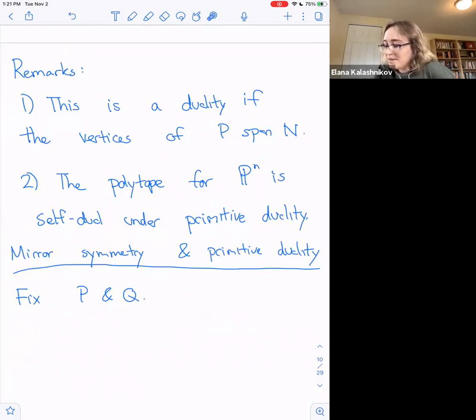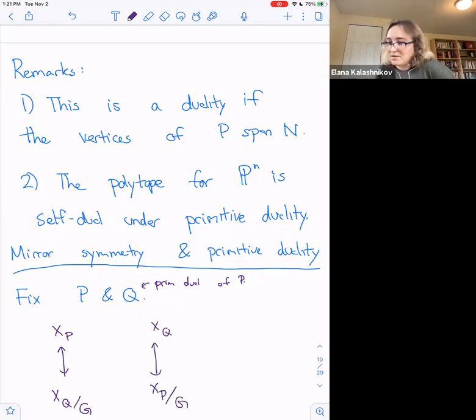Let's fix P and Q, where Q is the primitive dual of P. Then Batyrev-Borisov duality takes X_P to X_Q modulo a finite group G, and it takes X_Q to X_P modulo the same finite group G.